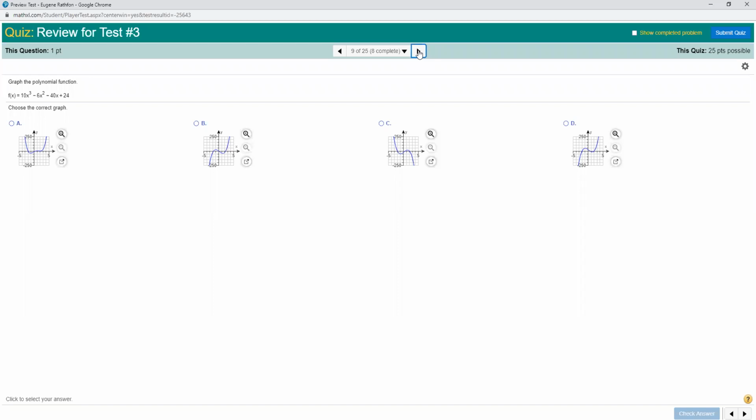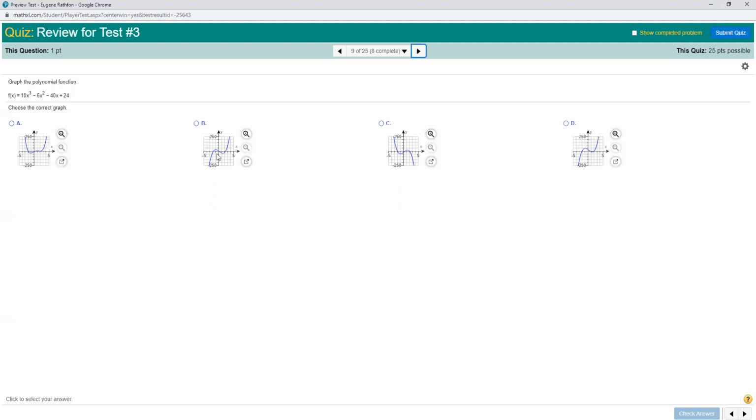All right, same thing on this one, but this one's a little trickier. So I look at the degree 3, which is odd. So odd is either going to go uphill or downhill left to right. So it's odd degree, the 10 is positive. So since it's an odd degree and the 10 is positive, it's going to go uphill left to right.